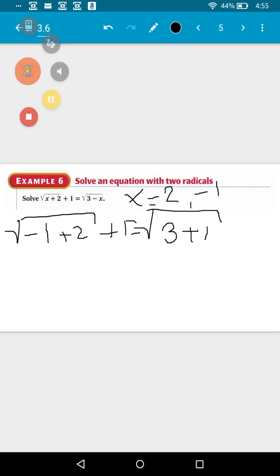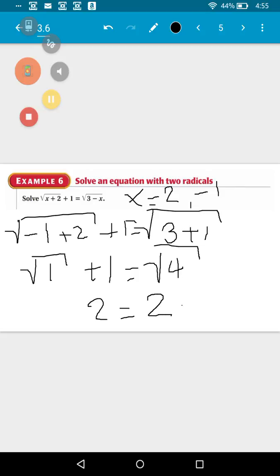A negative times a negative will give me a positive. So in here, you have 1 plus 1 equals the square root of 4. The square root of 1 is 1. 1 plus 1 is 2. And the square root of 4 is 2. So the only solution was x equals negative 1.